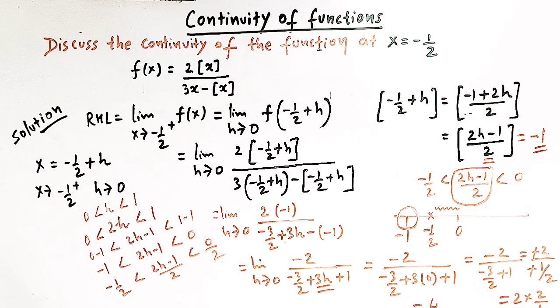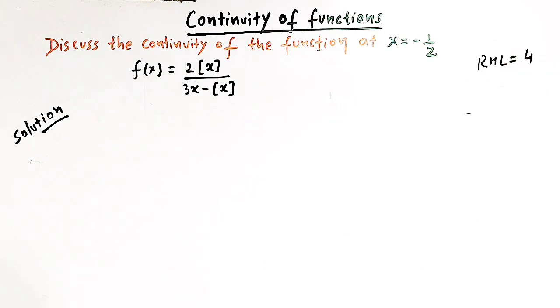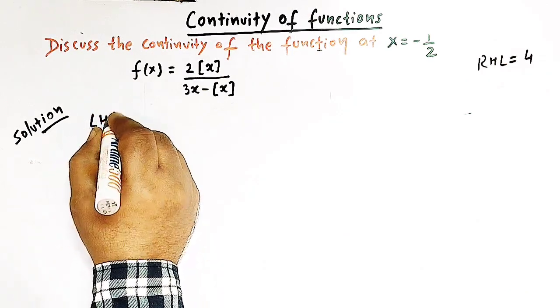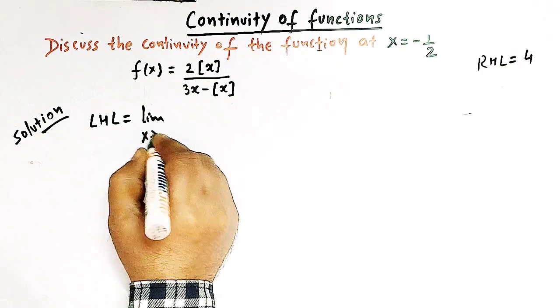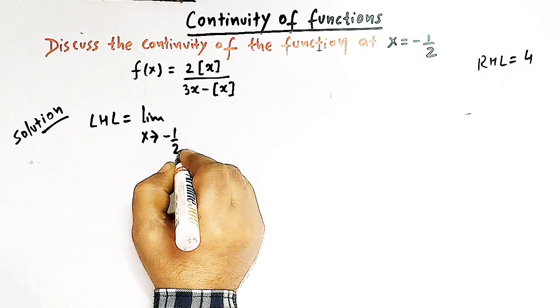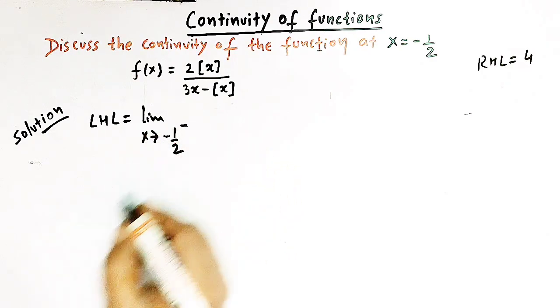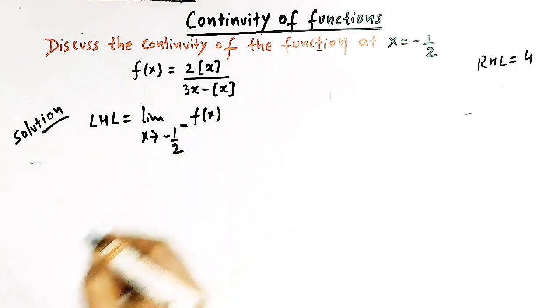Let us now calculate the value of left hand limit. So now the left hand limit can be written as limit, and here we have x tends to minus half, and here we put a negative sign, and here we have f of x.